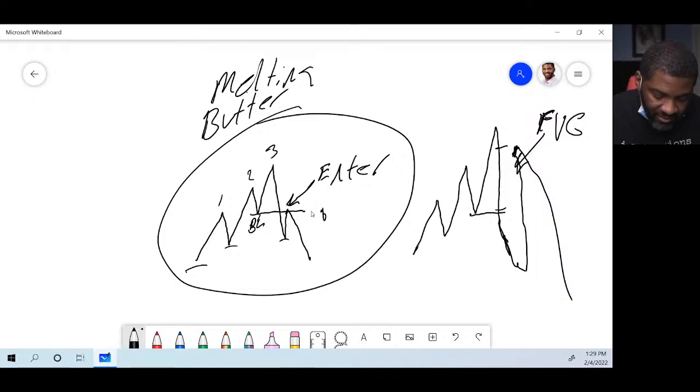You would just buy a put if you were trading options, once it trades back into that area on the ES or on the SPY. When you're watching the SPY, boom, you just buy a put and then go short. That's the area of your entry.